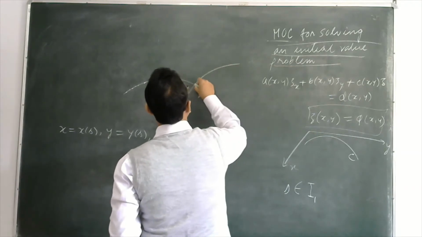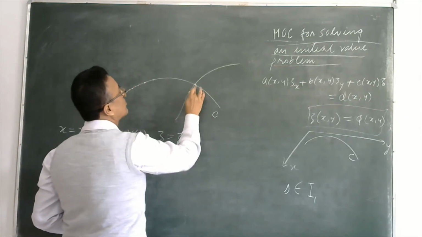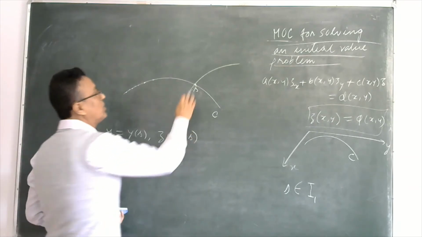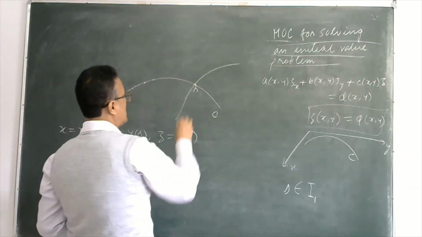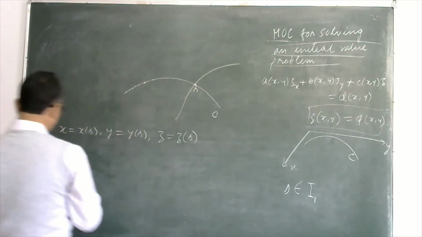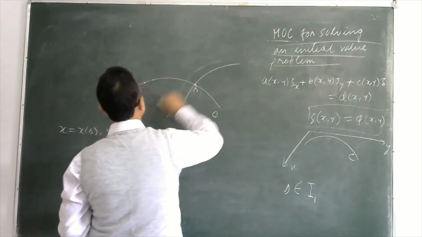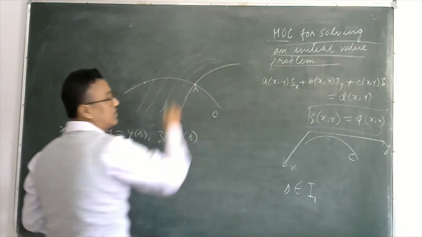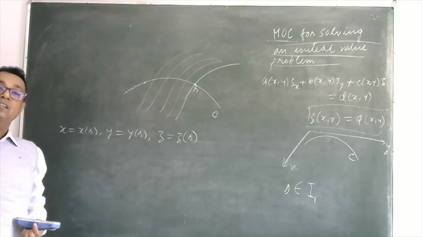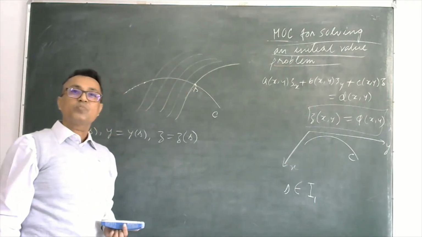So then, my situation is going to be something like this. Suppose this is my characteristic curve passing through a specific value of s. With each point, I can have a characteristic curve, right? And from the existence and uniqueness theorem, these characteristic curves are going to be unique.